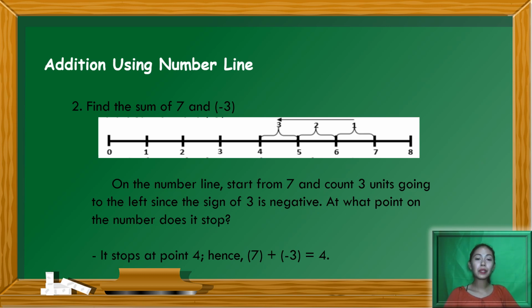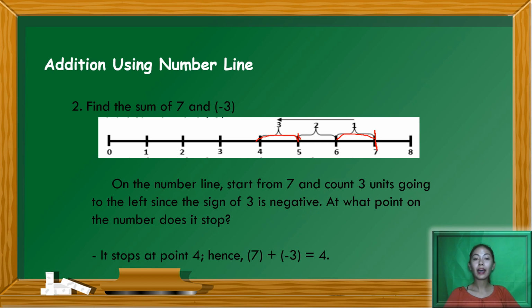So we will start from 7. This is now our 7. And count 3 going to the left, since the sign of 3 is negative. So 1, 2, and 3. At what point on the number line does it stop?